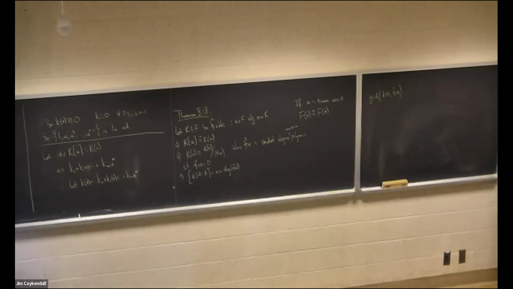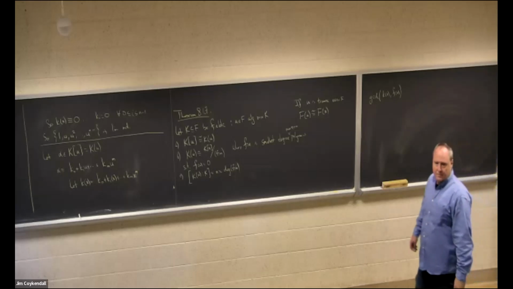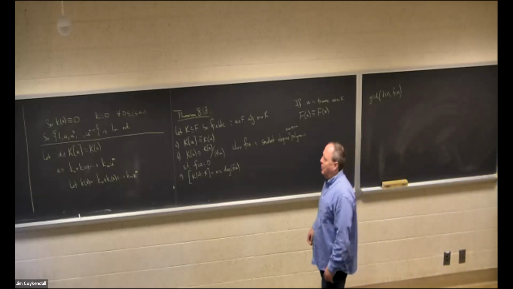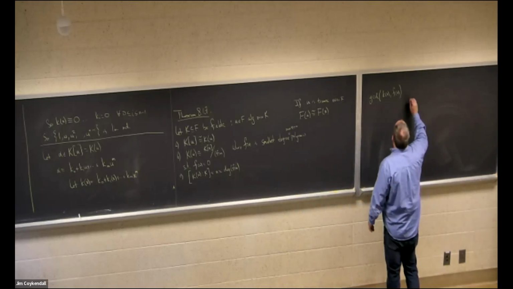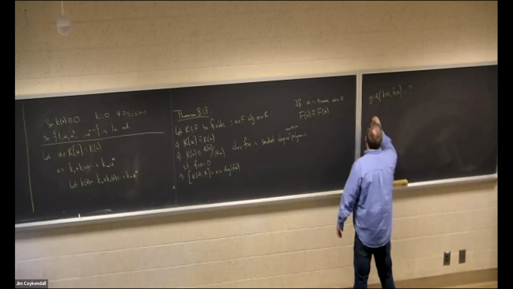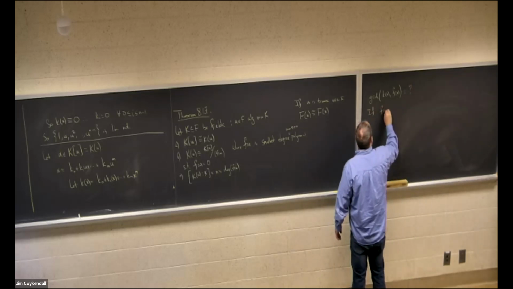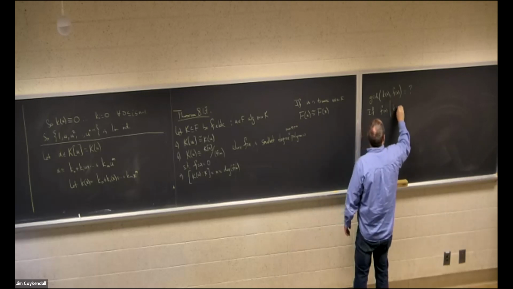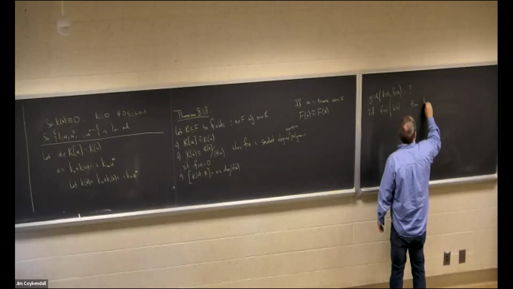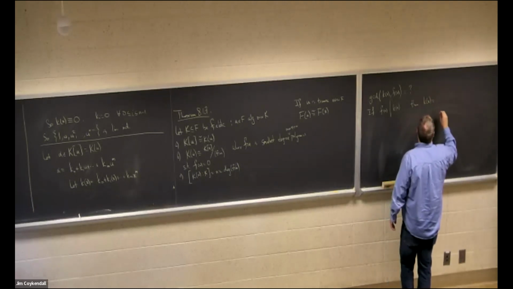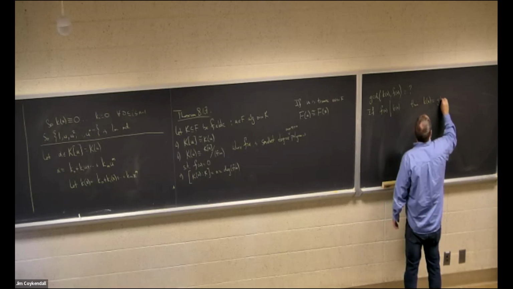The greatest common divisor of k of x and f of x, what can you say about this? Well, let me also point out that if f of x actually divides k of x, then k of x equals g of x times f of x.